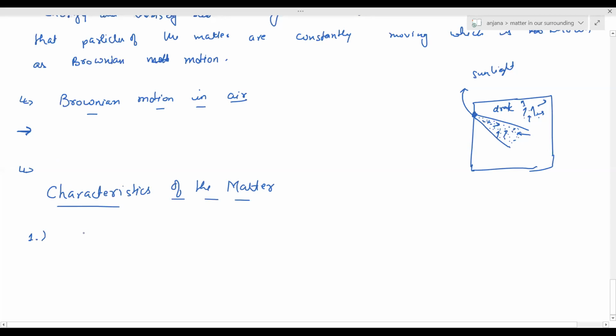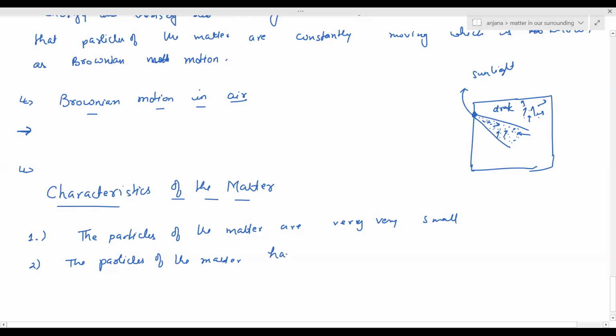First, whatever we have concluded till now, the particles of matter are very, very small. Second, the particles of matter have spaces between them.